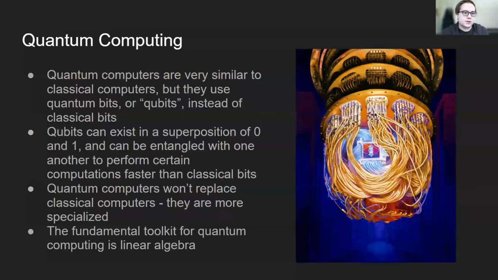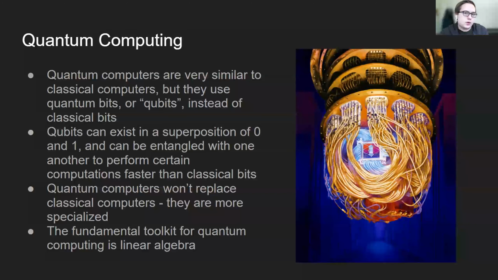And so the primary distinction is that these qubits can utilize certain quantum properties, such as superposition, where instead of existing in a state of only 0 or 1, as a normal bit does, they can exist in a combination of these states that can be useful for performing certain computations. And additionally, they can also be entangled with one another as well. And so with these properties, it's been proven that they can solve certain computations much faster than any classical computer could.